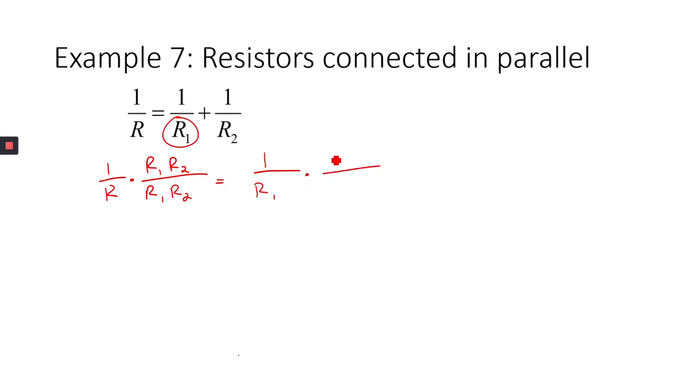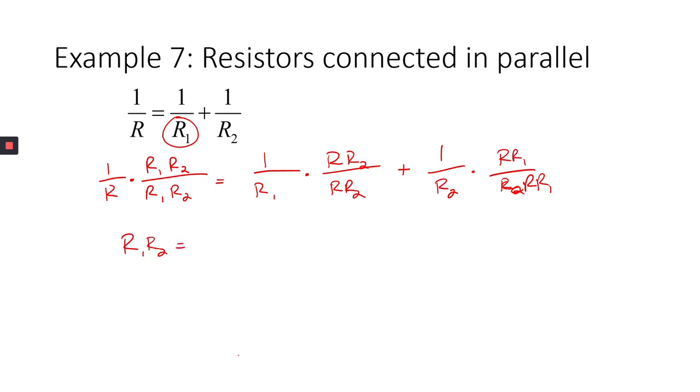This guy's missing an R and an R2. And then this one is missing an R and an R1. Now again, as long as all of our denominators are the same, we can go ahead and ignore them. So we're just going to get R1.